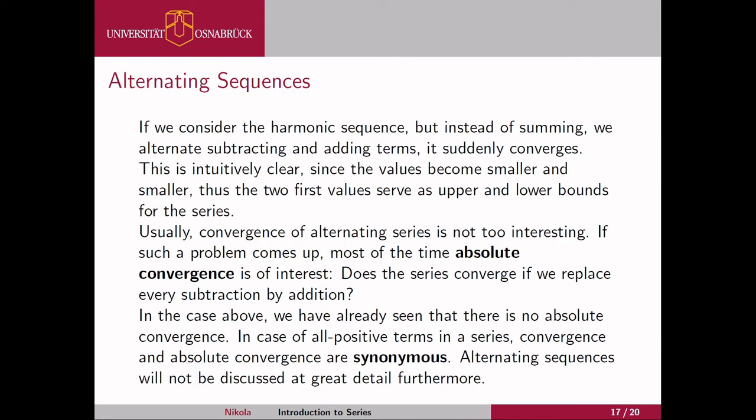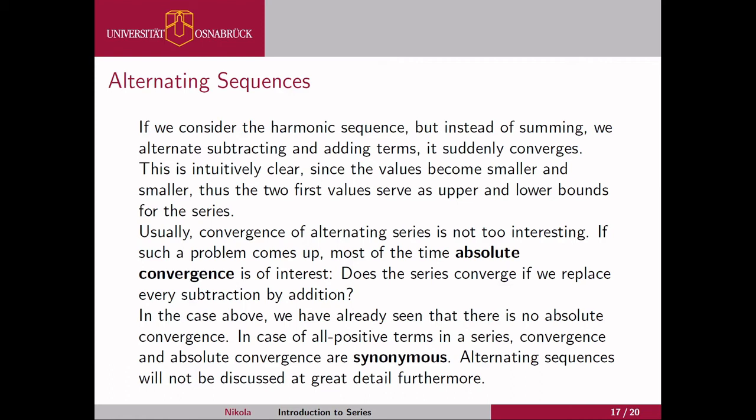So there the distinction would be made that a series might converge, but does not absolutely converge. For example, the alternating harmonic series converges, but it doesn't converge absolutely, because if you take the absolute values, you just get the harmonic series and it diverges. However, in all positive sequences or all negative sequences, this doesn't really matter, and convergence and absolute convergence are synonymous.